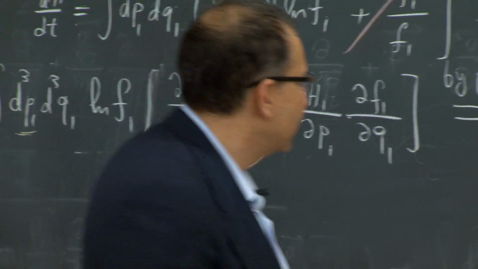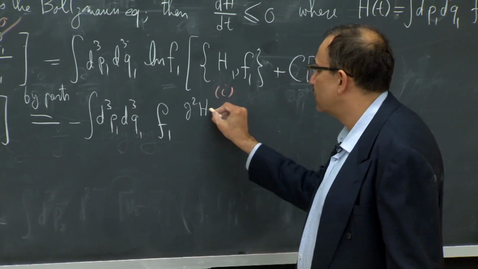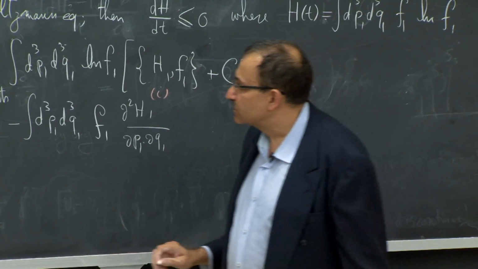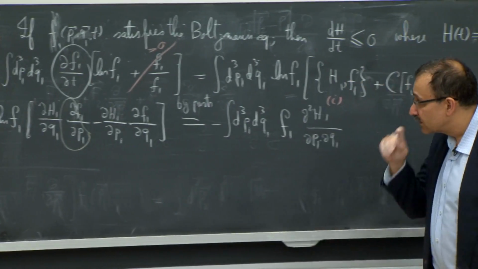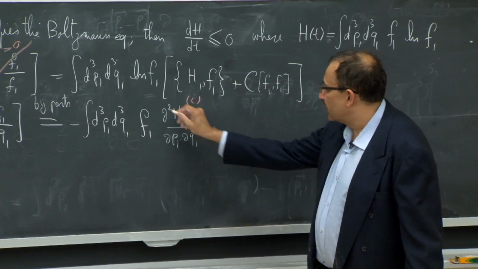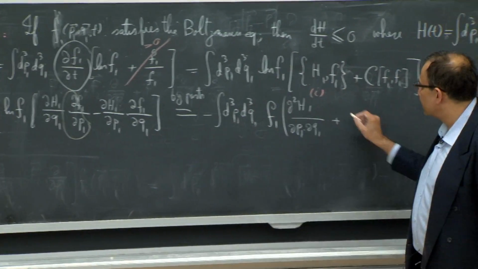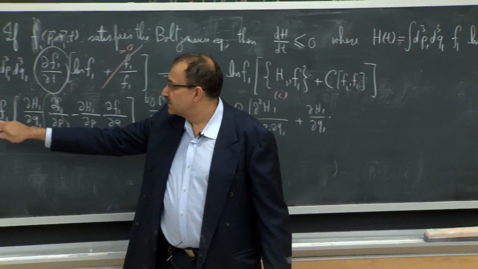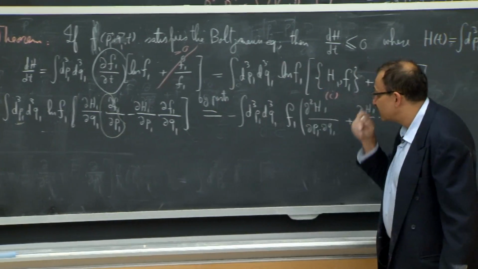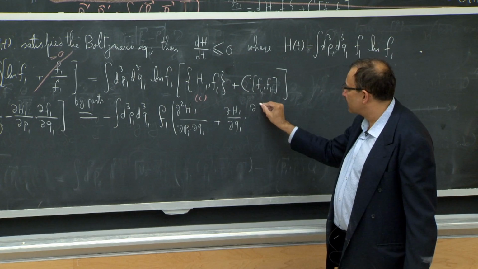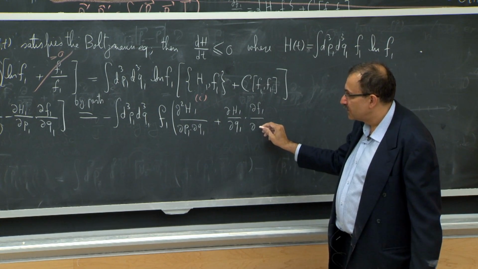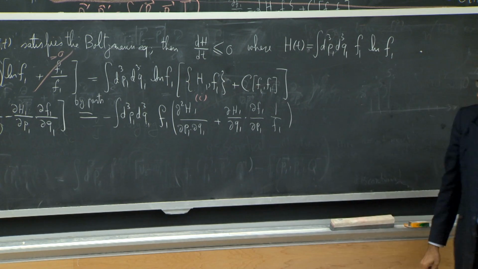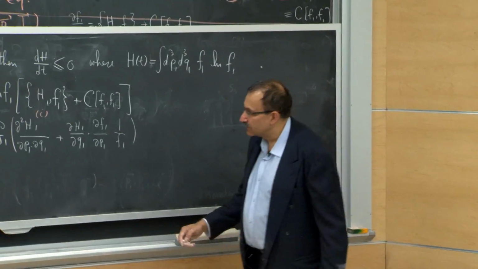It can act on the H1, so I would get d2 H1 with respect to dP1 dQ1, or it could act on the log of F1, in which case I will get essentially dH1 by dQ1, and then I would have d by dP acting on log of F, which would give me dF1 by dP1, and then the derivative of the log, which is 1 over F1. Okay? So this is only the first term.